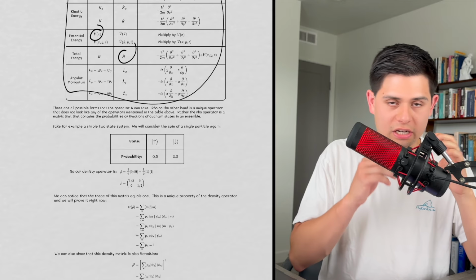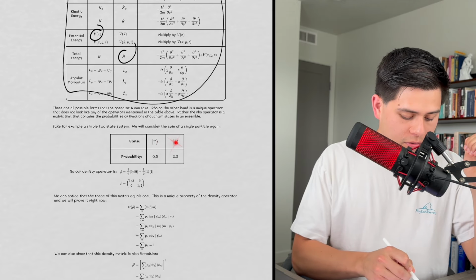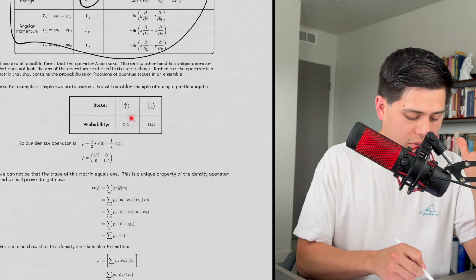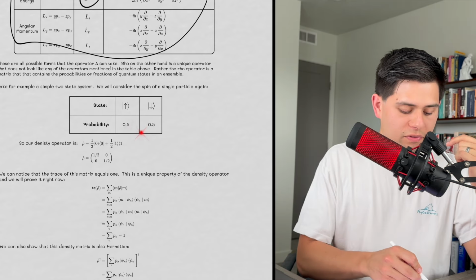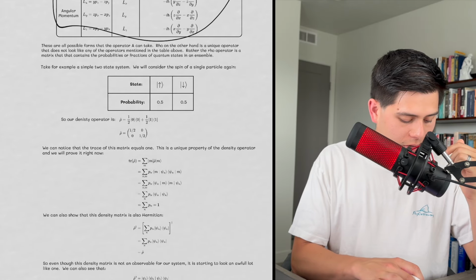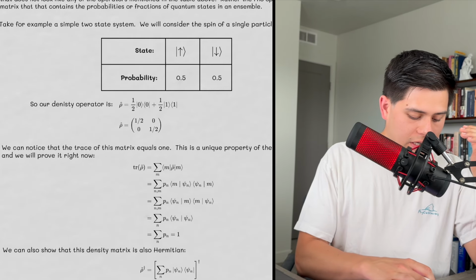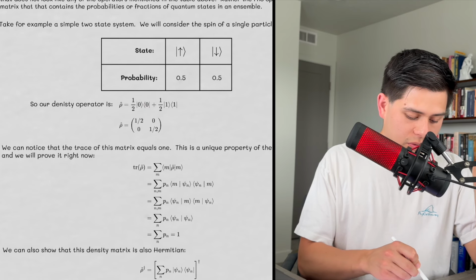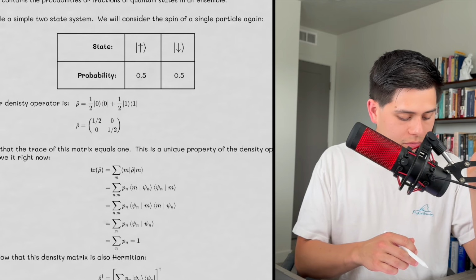Just one particle. It can be up or down, and we'll say the probability is equal, so it's 50% up or 50% down. So our density operator then is going to be 50%. We'll call the up state 0, and we'll call the down state 1.